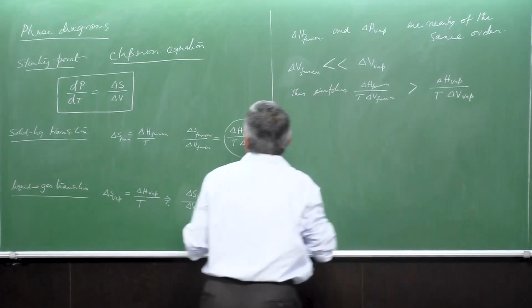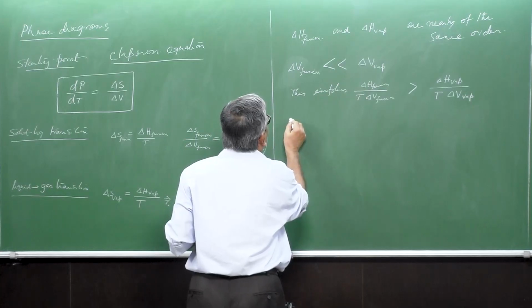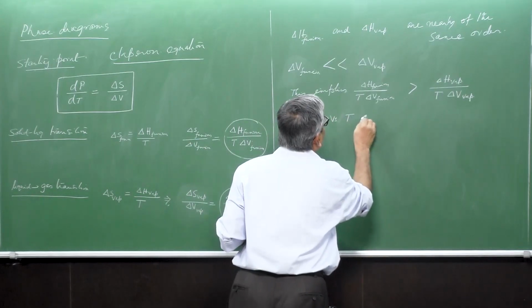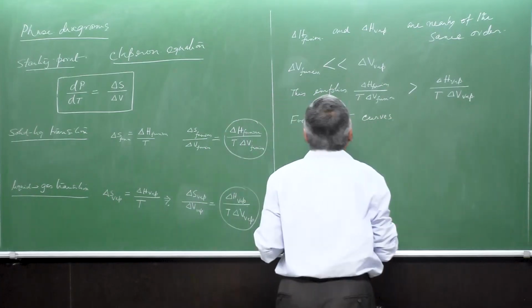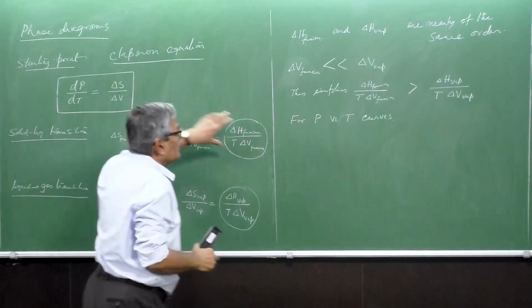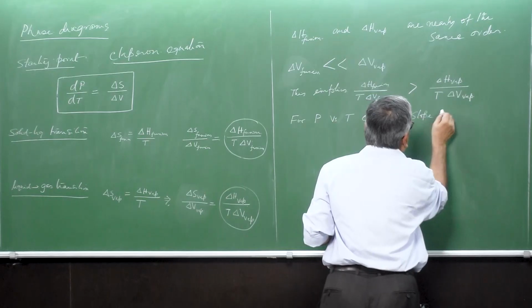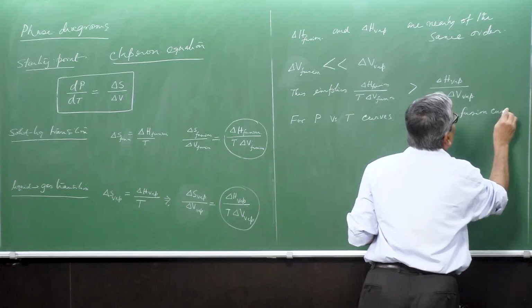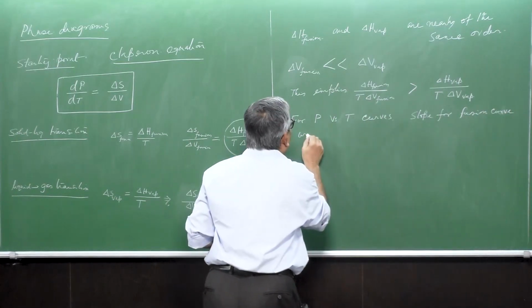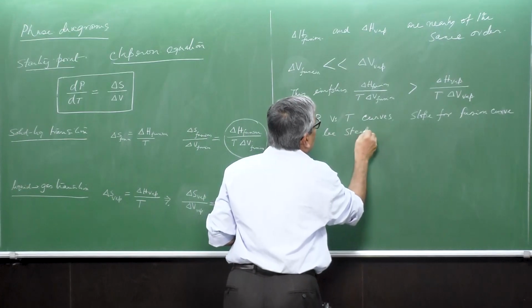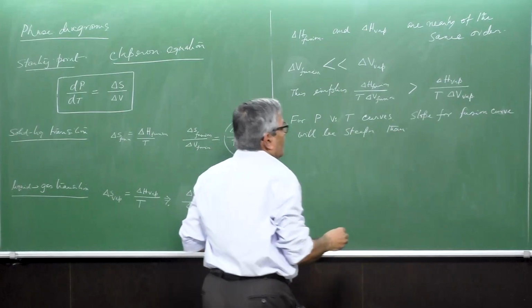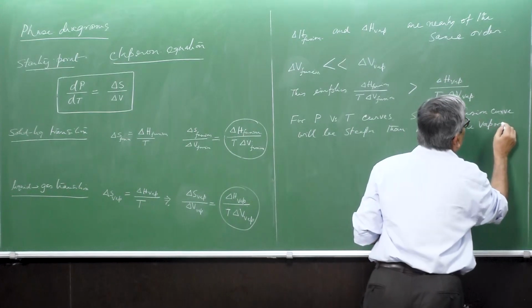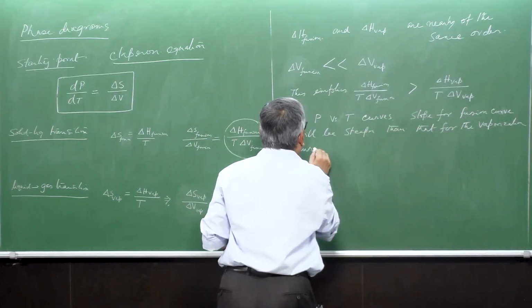So, this means that for the P versus T curve, the slope for the fusion curve will be steeper than that for the vaporization curve.